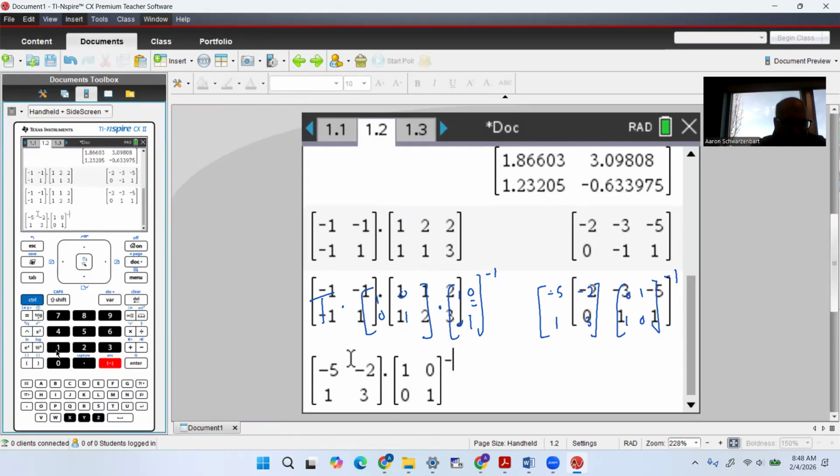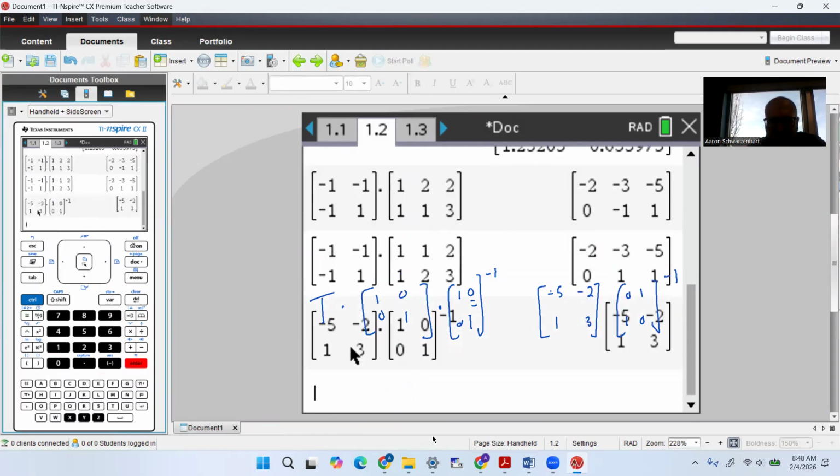Do that -1. And my transformation matrix, I guess, is -5, -2, 1, 3. The area then of the large one, the area of the small one.